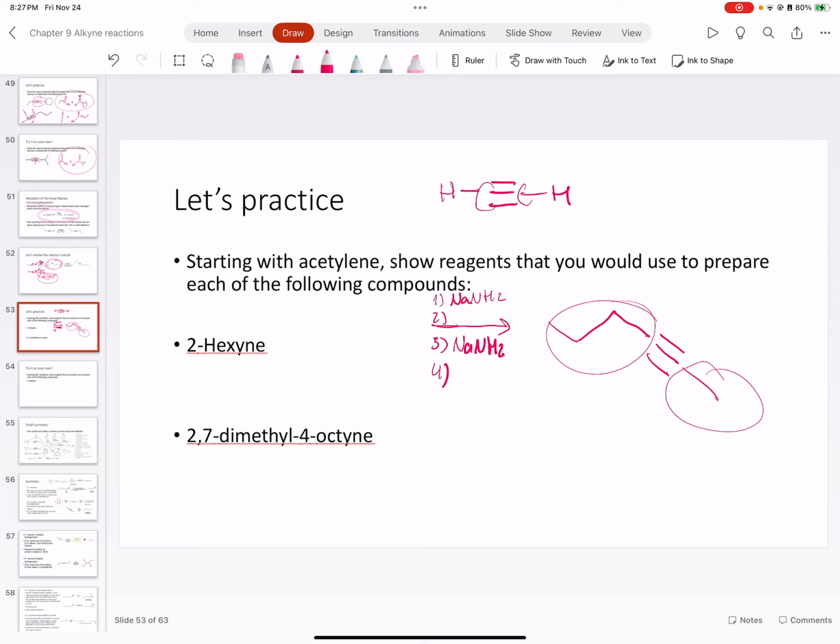Since we're starting from acetylene, our base is gonna take away from here, just like we saw in the mechanism that we did. So we need a leaving group. It can be anything, like a bromine or an iodine.